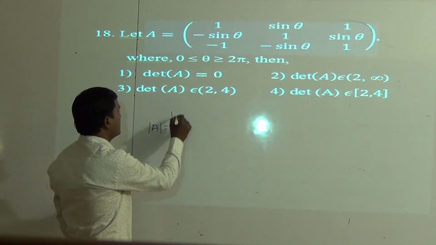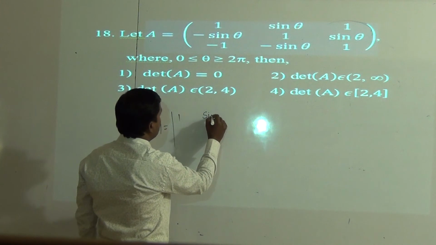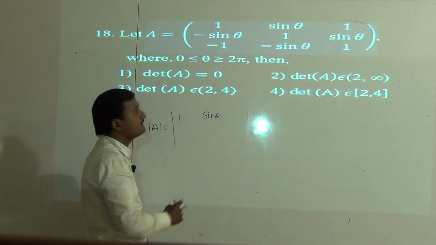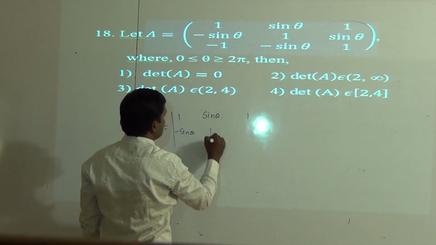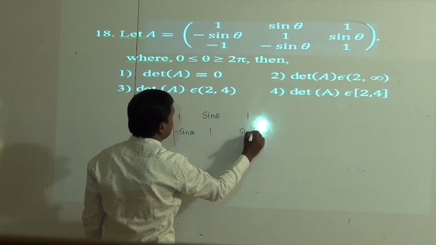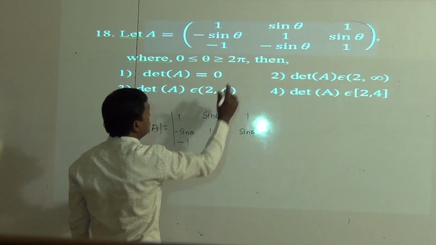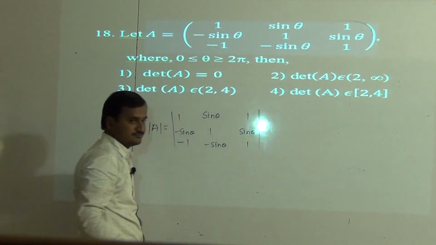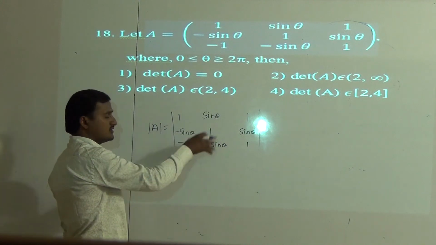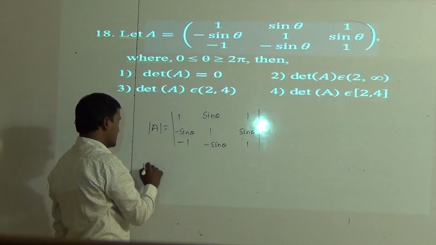So here it is 1, here it is sin theta, here it is 1, and here it is minus sin theta, here it is 1, sin theta, right? Here it is minus 1, minus sin theta, here it is 1. Now expand this one to get the determinant, expand along R1.